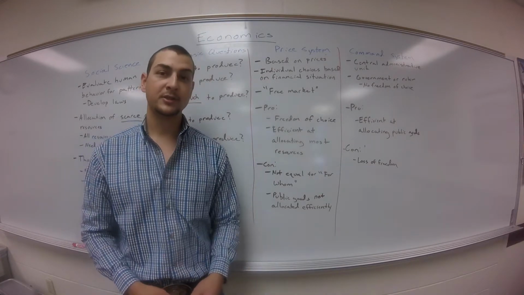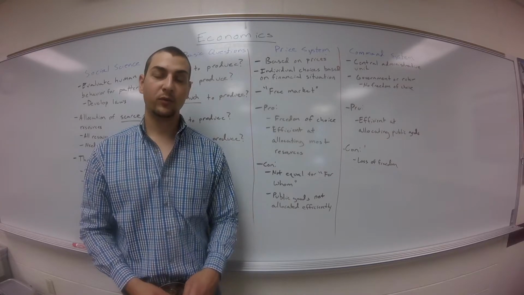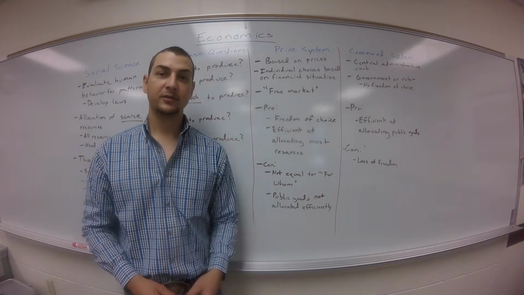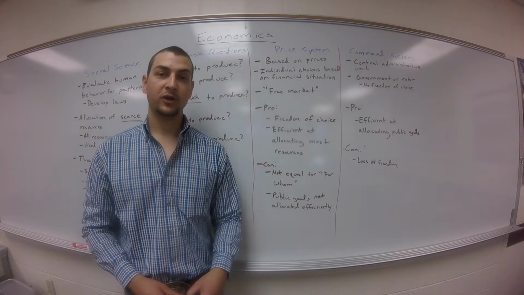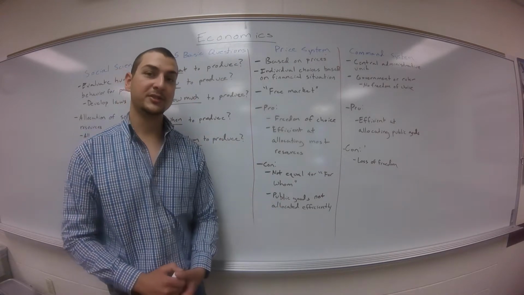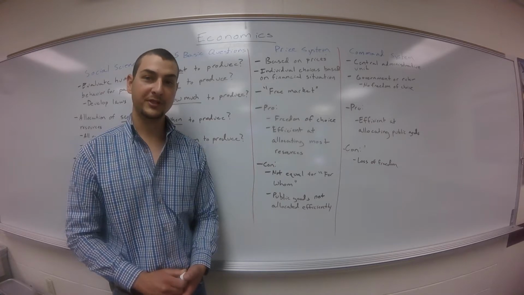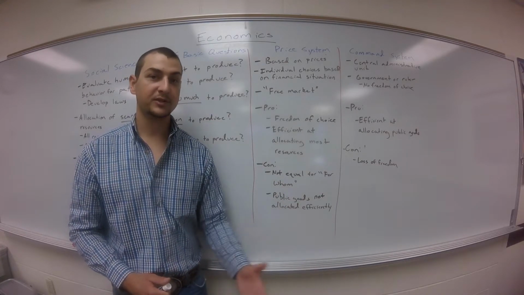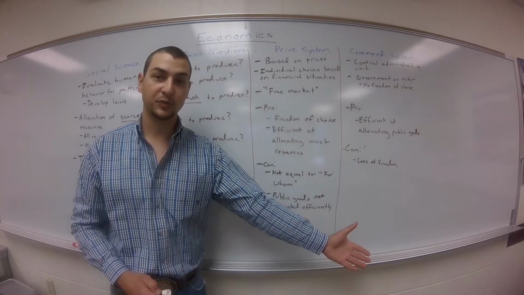Another scenario is if it was under a pure price system, allocating the police department. Somebody could only afford, say, $10 worth of protection a month, and somebody else could afford $200 worth of protection.